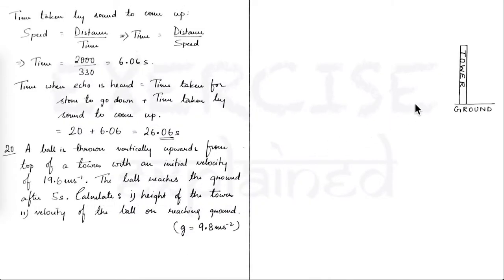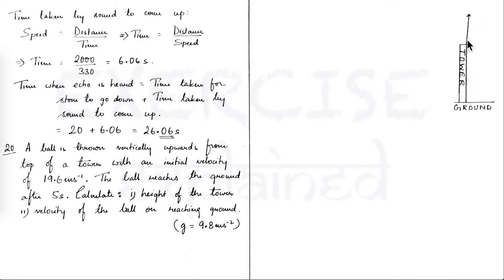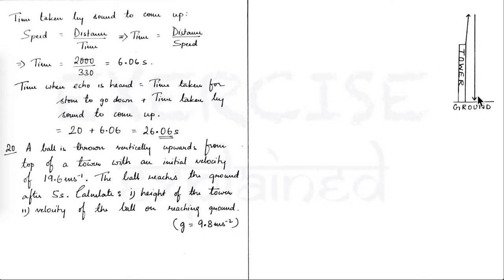So if we consider this as the tower and this is the ground, the ball is basically thrown up from here, with a velocity of 19.6 meter per second. It goes up and then comes to the ground in 5 seconds, as given here.